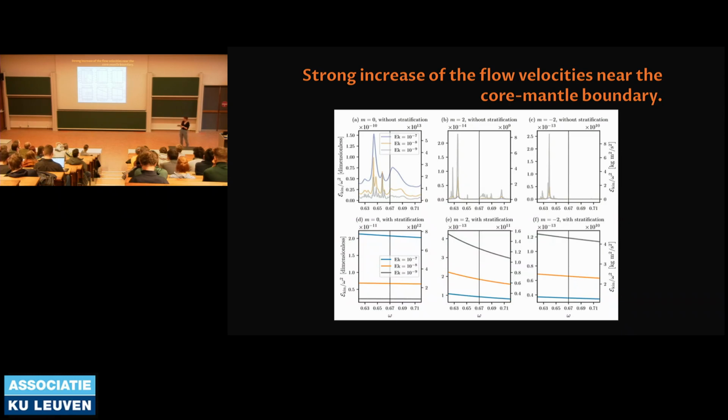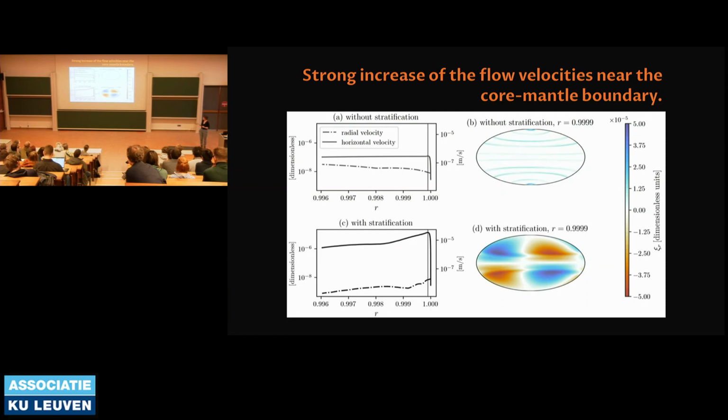But very funnily, this does not happen in the m equals 2 component, where the kinetic energy actually increases very strongly. And that's interesting, because we know the Ekman number is very low for Mercury, so then there might be a flow excited with a high kinetic energy. And where does that actually come from?